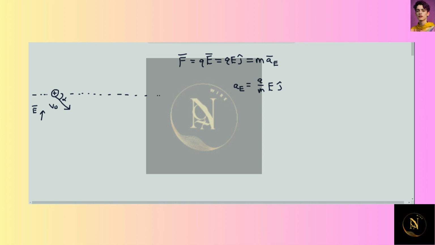And so this is sort of analogous to projectile motion, where instead of downwards acceleration, we have upwards acceleration. And so we can use the projectile motion equations, just in this case using a positive acceleration, 1/2 a sub e t squared.